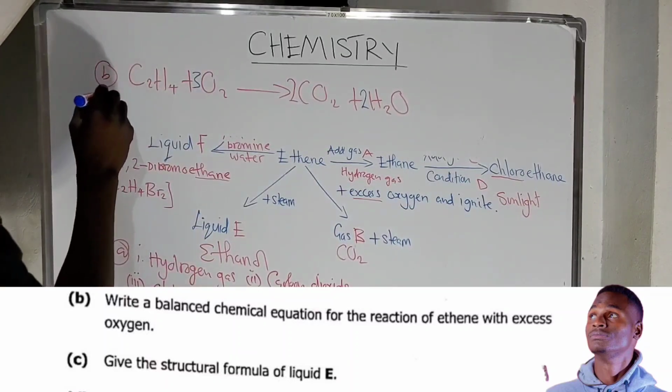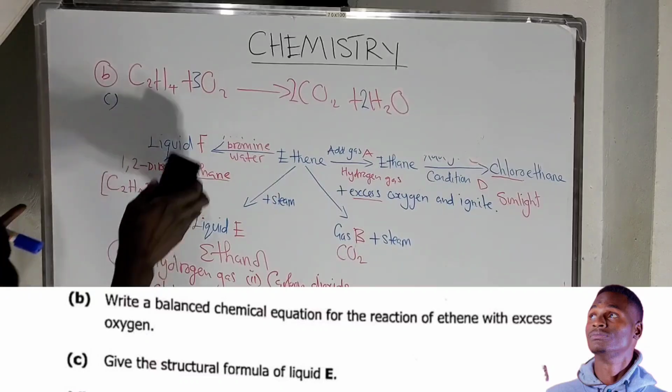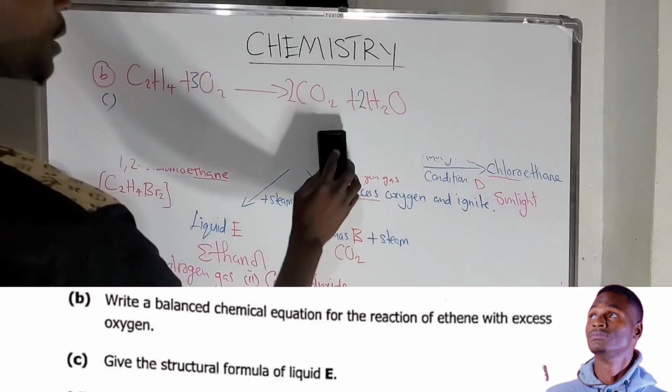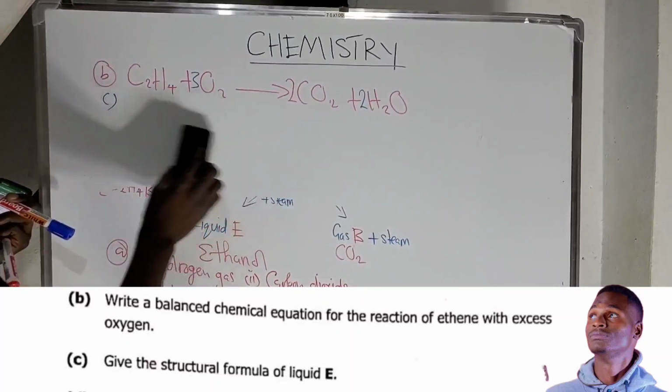We also have question C. Question C is saying, give the structural formula of liquid E. Liquid E is ethanol. They need the structural formula of ethanol.